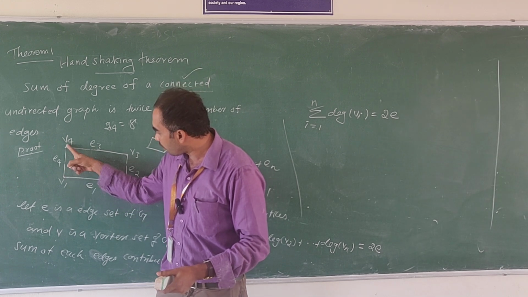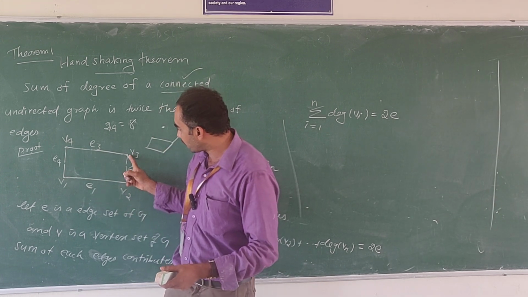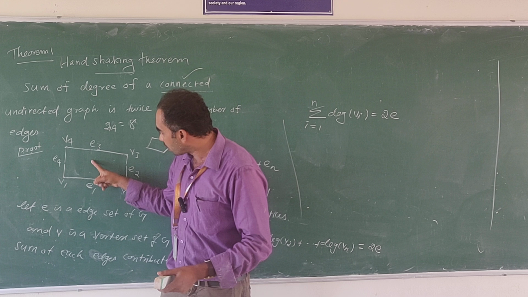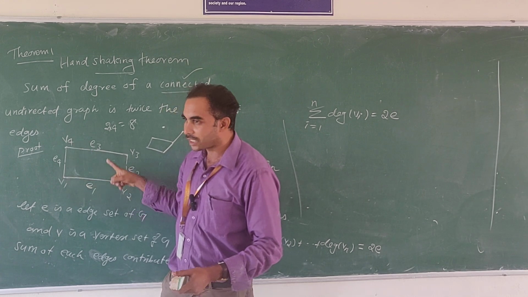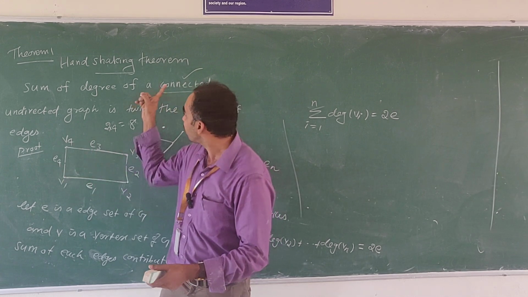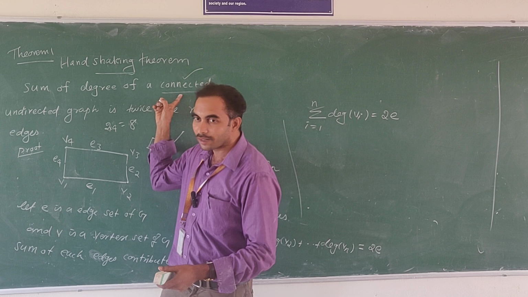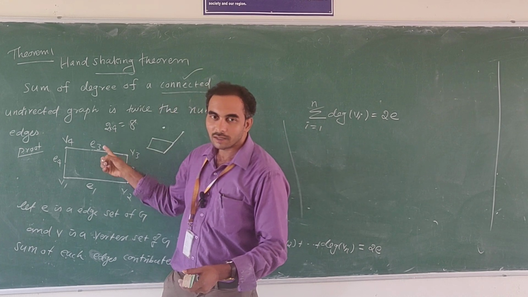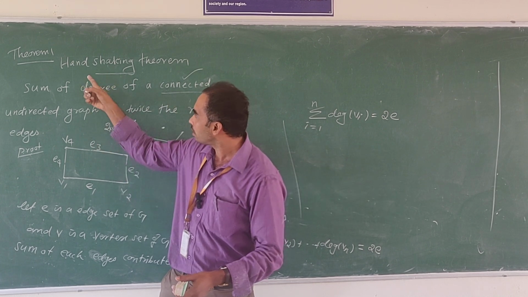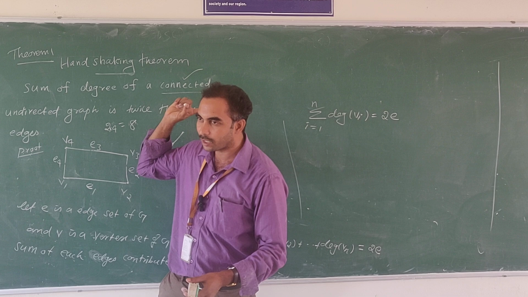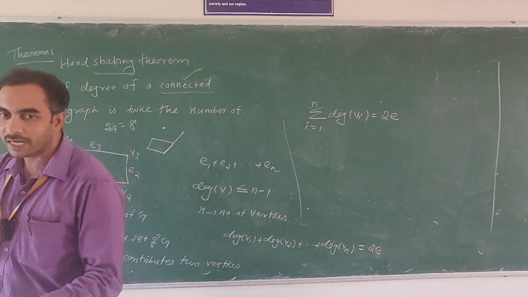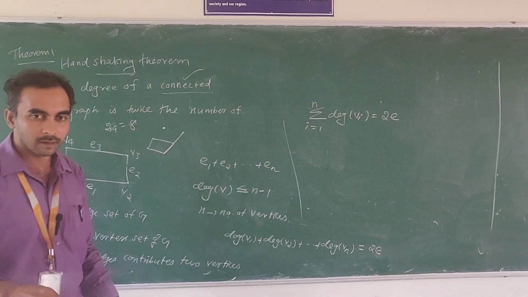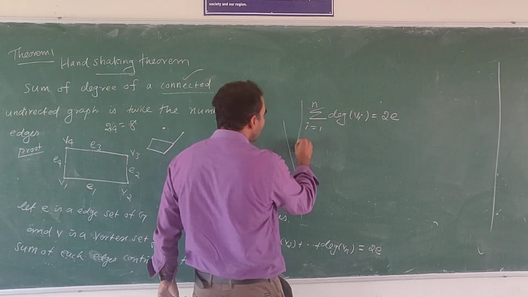The sum of degrees of vertices is equal to 2 times the number of edges. It's for the connected graph. If it is not connected, we can't use the handshaking theorem. It's applicable only for the connected graph. Okay, right. This is the final step.